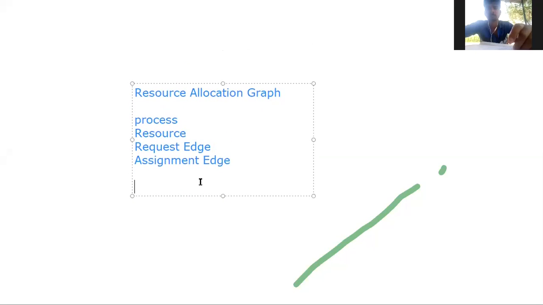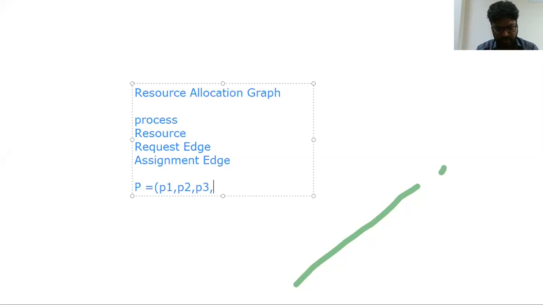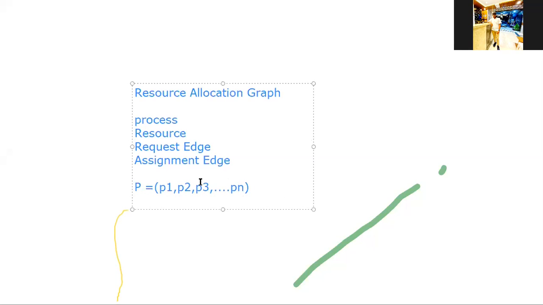Before getting to the diagrammatical representation, a process is represented by P, and it is represented this way: P is equal to the set of P1, P2, P3, up to Pn we can have.